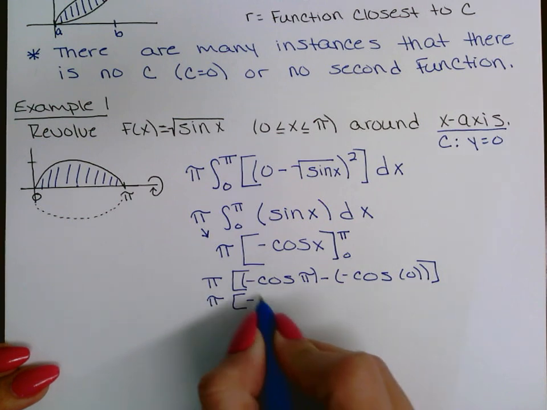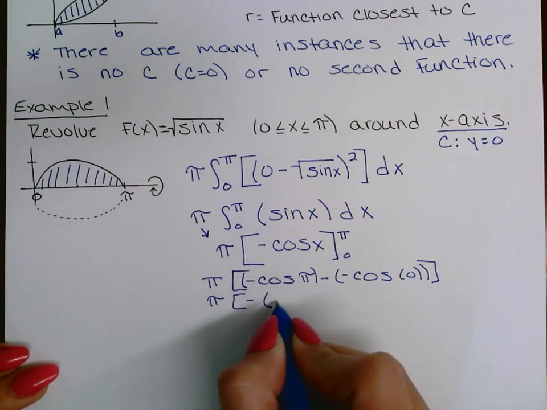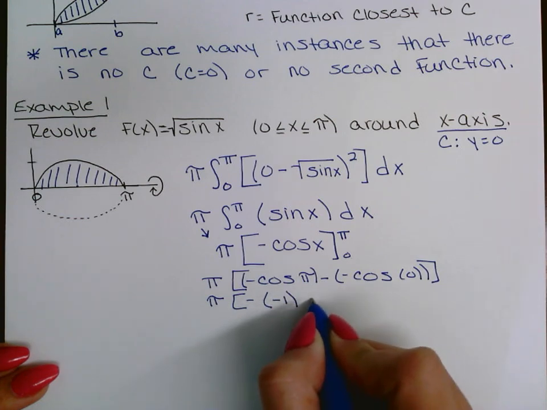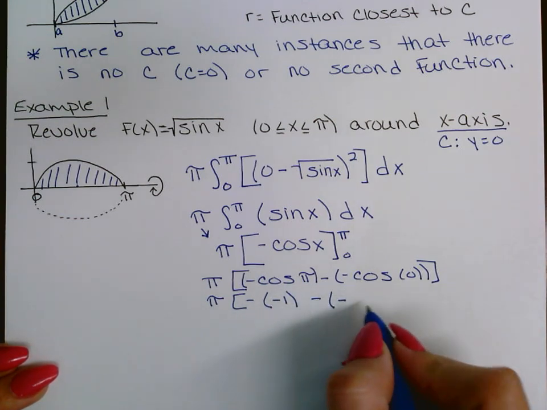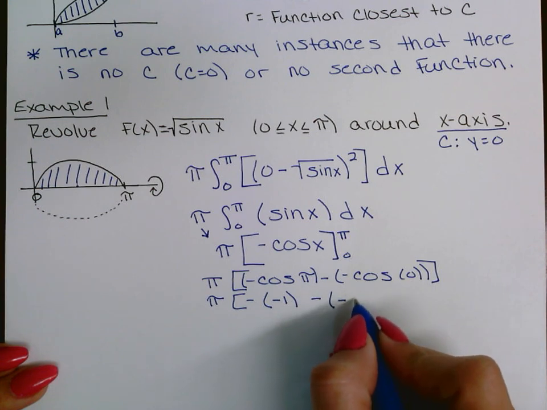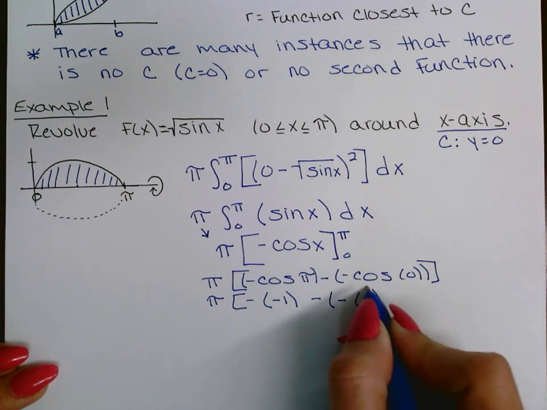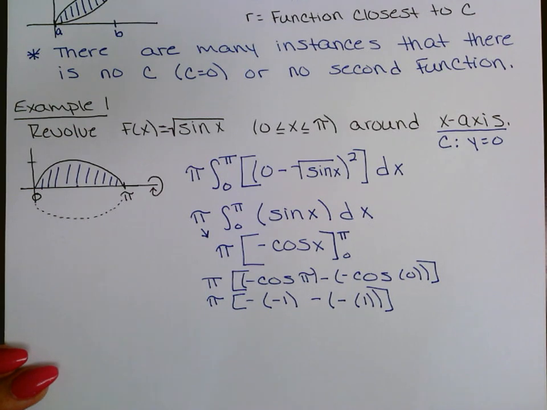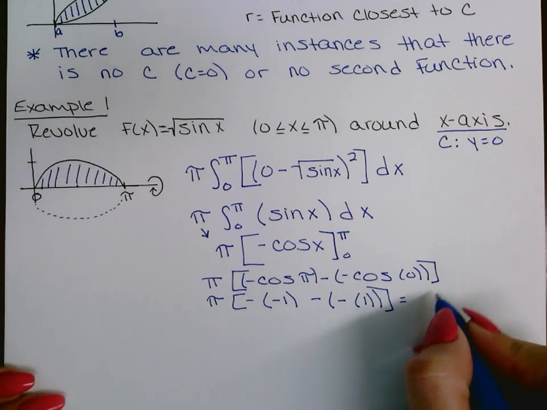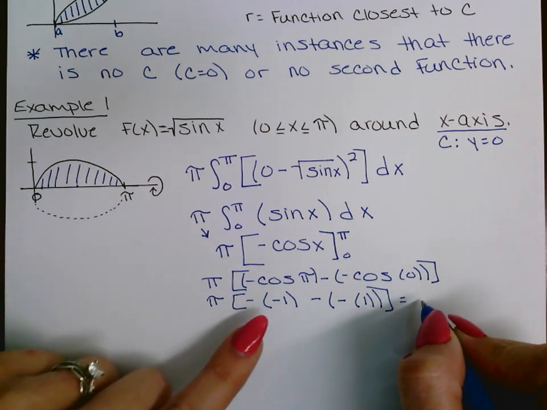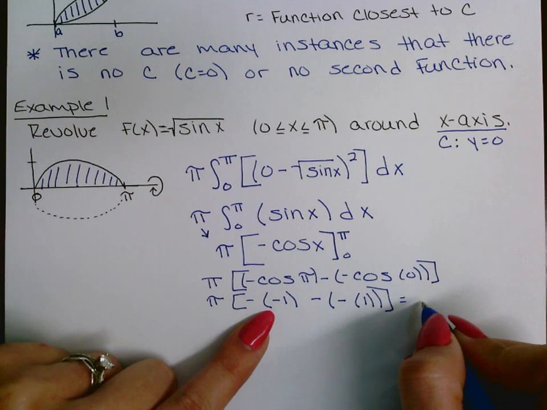Negative 1. So I have negative in front of the cosine, and then cosine of pi is negative 1 minus negative, what is cosine of 0? Right. Okay, so technically you could stop right there. But if this was, let's say, a multiple choice on an AP test, you would be expected to finish this, which isn't too bad.